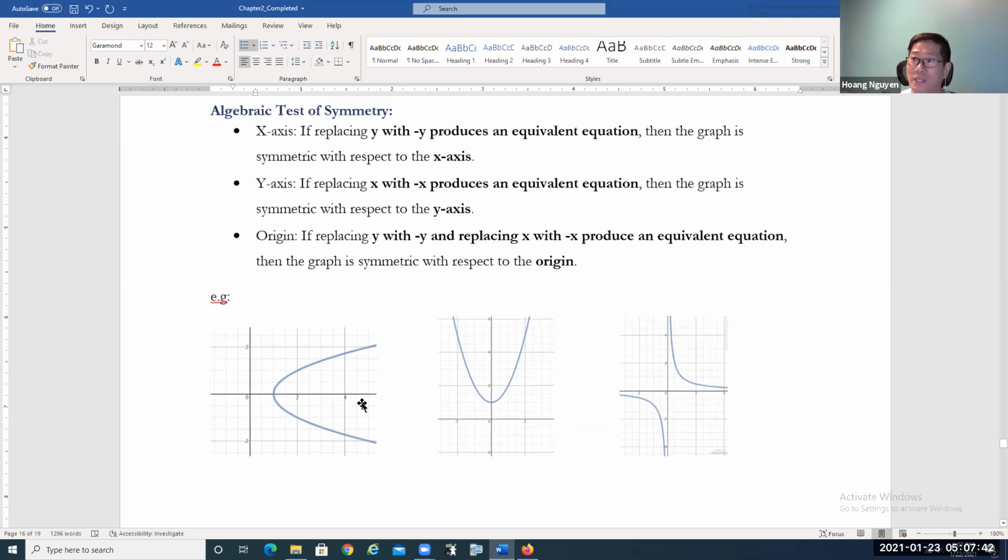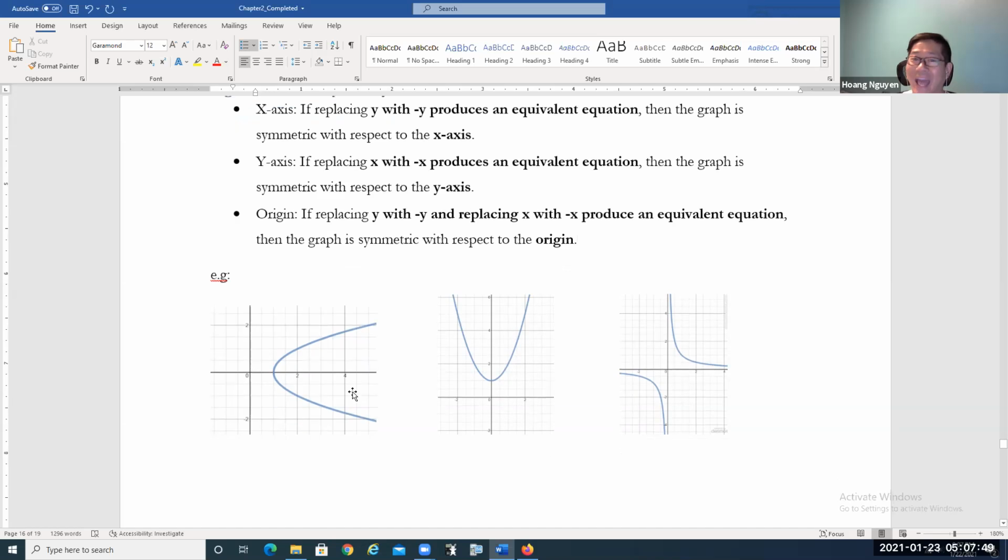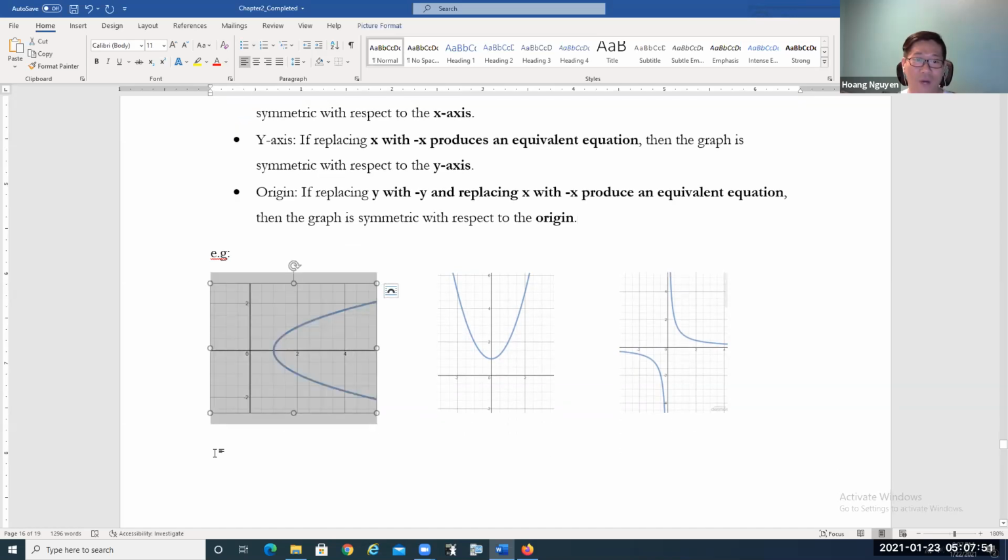I have these three examples over here. The first graph is an example of symmetry with respect to the x-axis. So the first one is symmetric with respect to the x-axis.